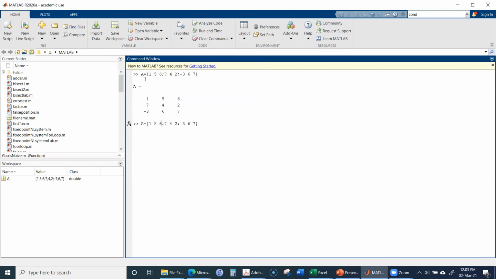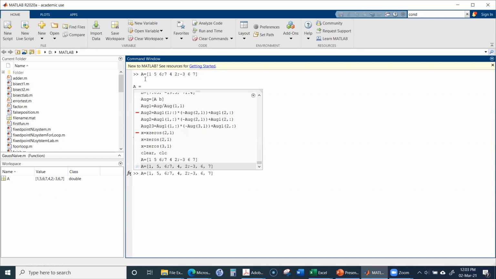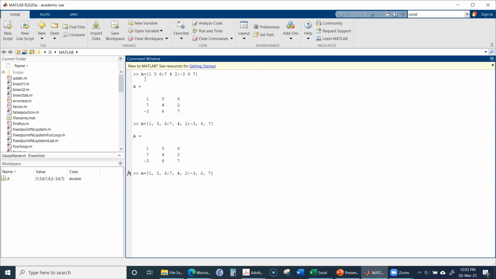I can also put a comma in between, like I mentioned. Let me see, I think it will also show up like this. If I put a comma over here, then it's the same. Even these spaces are not necessary if you put a comma, which means you can skip these spaces.